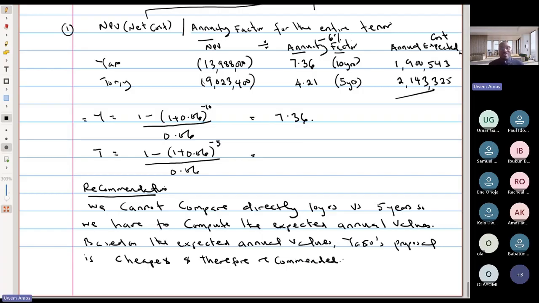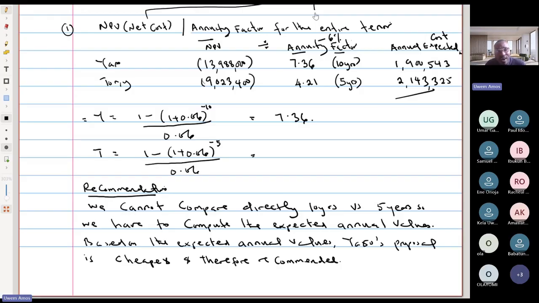Okay, any question? Don't worry, quick, we're done with time, so quickly, yeah, we're good. All right, so any question? So the key takeaway from this question is, when you have an investment proposal where the projects you are comparing are of different year span, please take note, you cannot compare directly a 10-year project with a 5-year project or a 6-year project with a 3-year project because they have different lifespan.